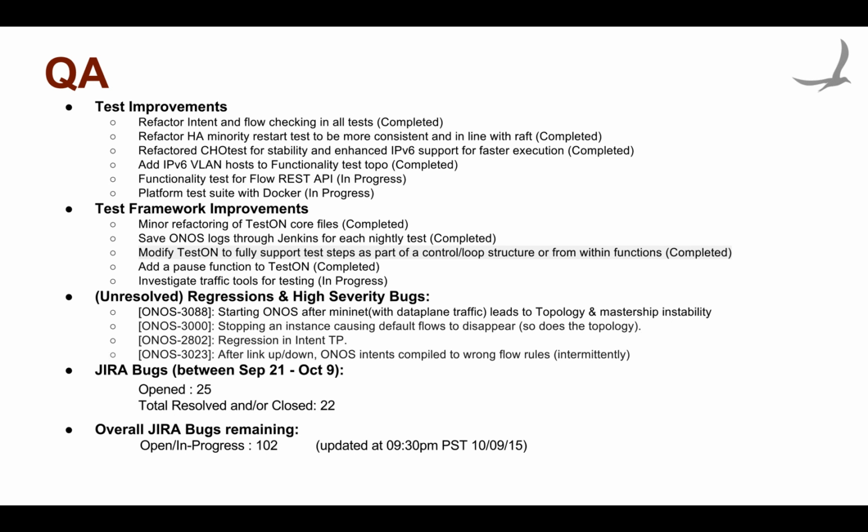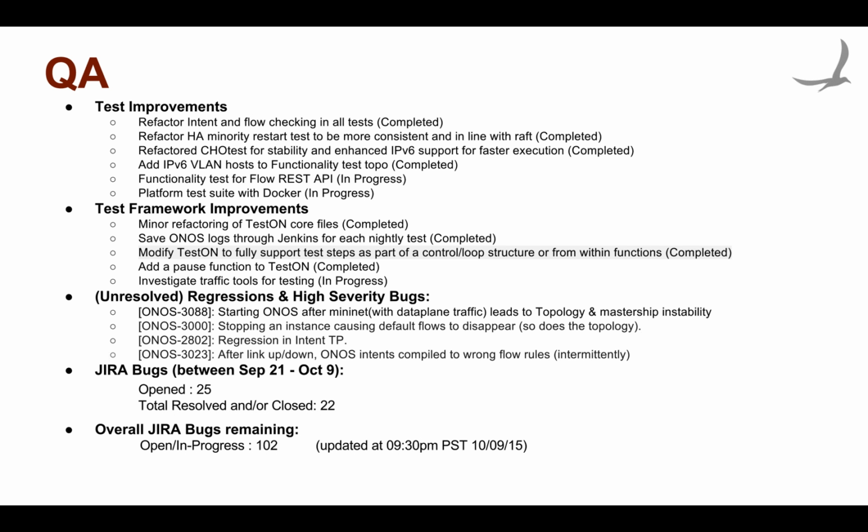So as far as test improvements, the first thing we did was try to refactor our tests to make them, I guess, more consistent. So if something fails, we have high confidence that it was actually an ONOS failure and not something with our test.